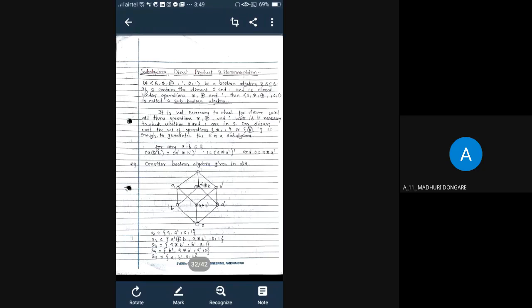Okay, see here. If we want to take the complement of A XOR B, for this bracket's complement, we can write its complement as A's complement star B's complement. So here we have taken the complement of that bracket.